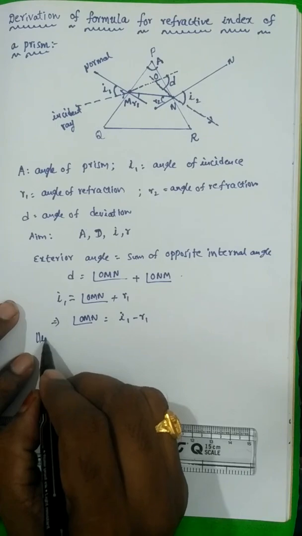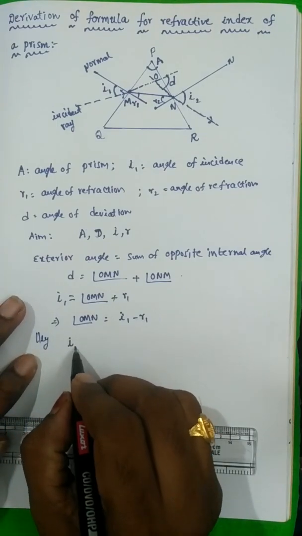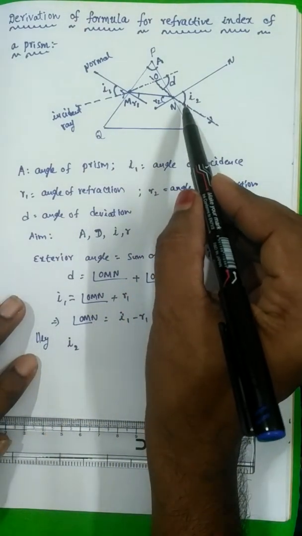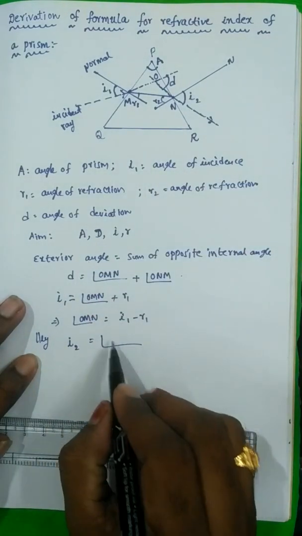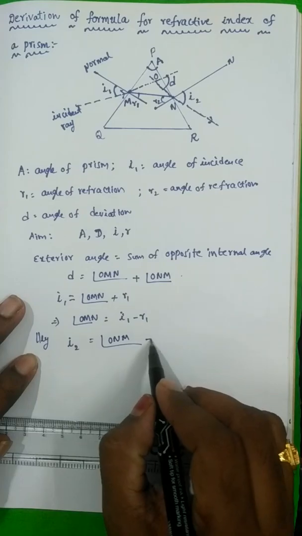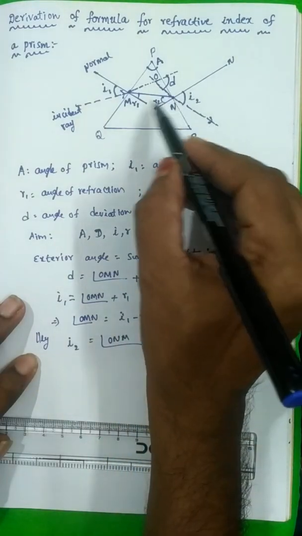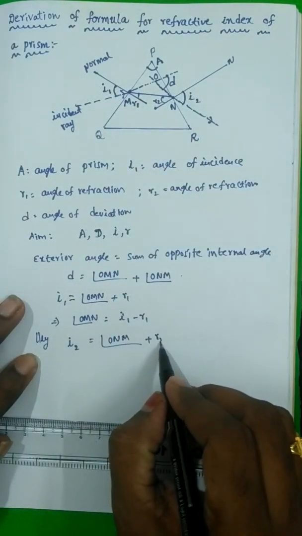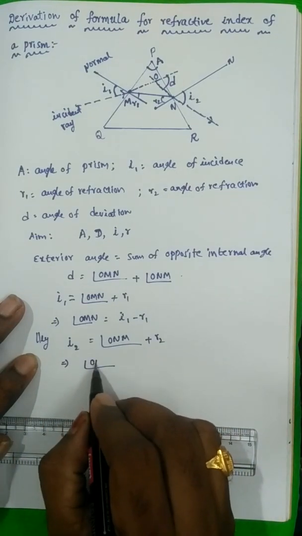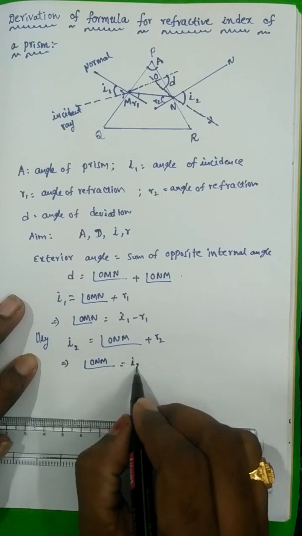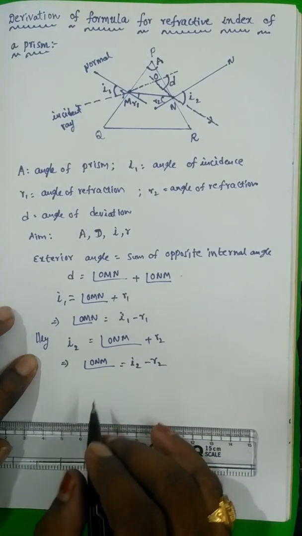Similarly for I2, the opposite angle equals angle ONM plus r2. That implies angle ONM equals I2 minus r2.